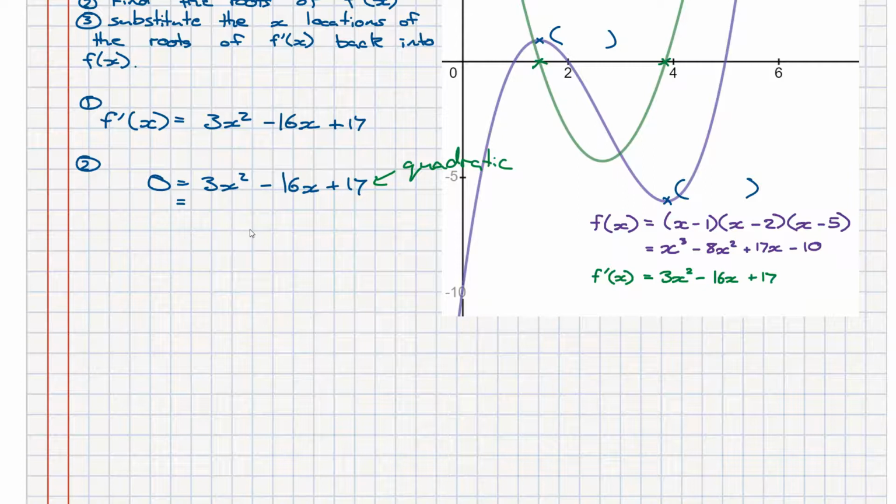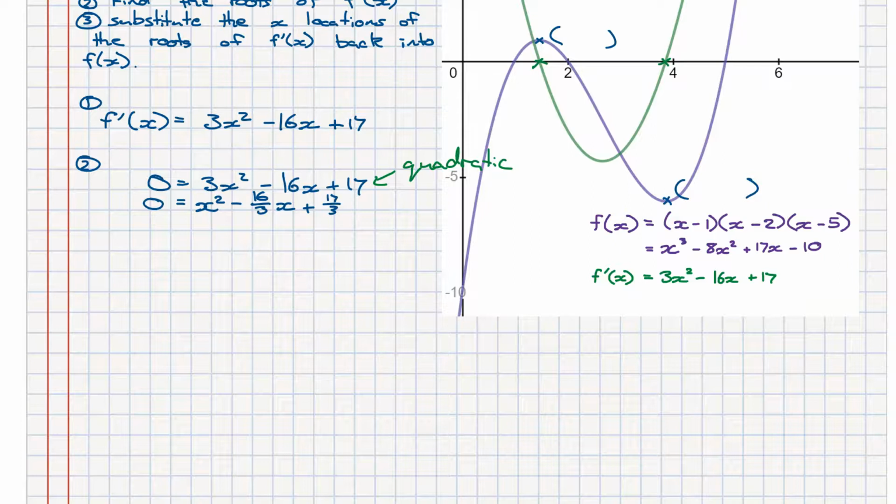Observing this function, it's non-monic, so let's get rid of that by dividing everything through by 3. So 0 equals x squared minus 16 over 3 x plus 17 over 3.